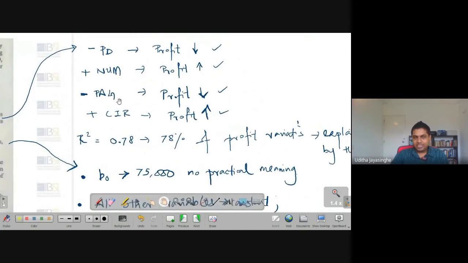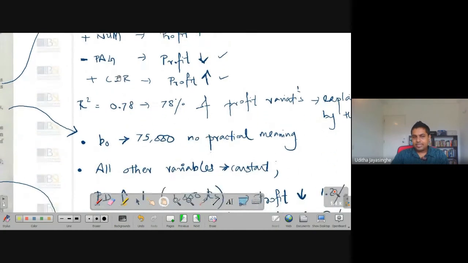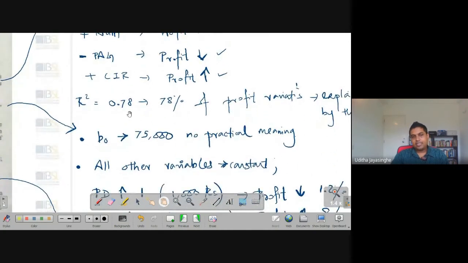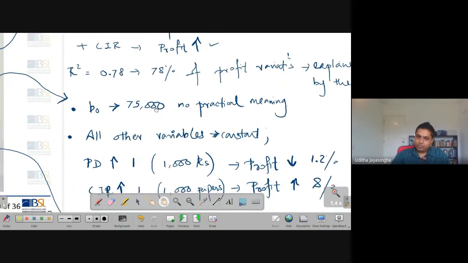Can you have 0 pages? No. 0 circulation, okay, that's possible. 0 PD, that's possible. But the pages and number of newspapers can't be 0. Technically that would mean you make 75,000 profit when you have 0 pages. That can't be the case, right? So this 75,000 B0 has no meaning.